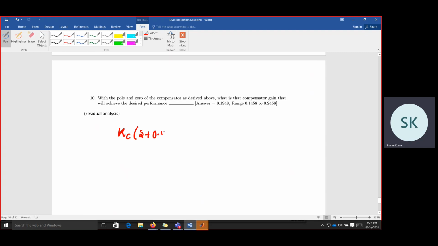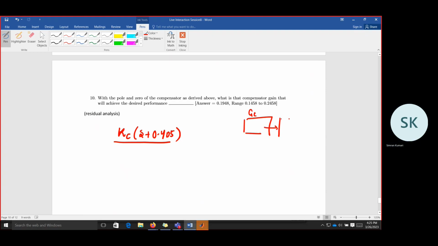(s + 0.405)/(s + 0.616), which is the compensator. So basically we have this Gc and we have this G, which is here, in the first one.